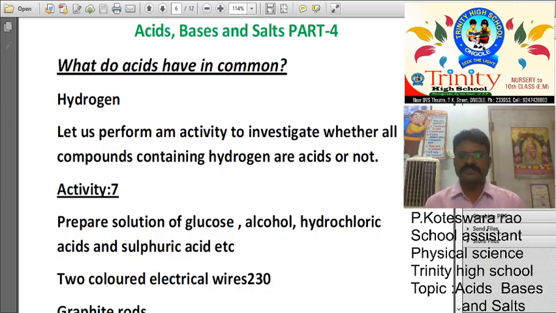According to our introduction class, acids have H plus ions, simply hydrogen. Let us perform an activity to investigate whether all compounds containing hydrogen are acids or not. All compounds have hydrogen, but do they act as acids?